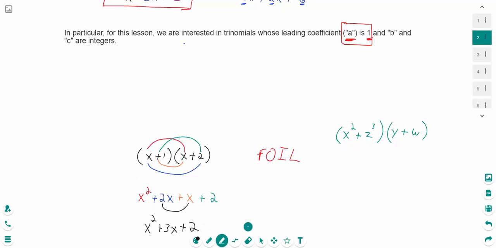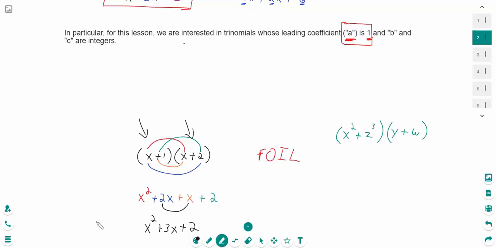Okay? So that is just review. And again, you should be able to do that in your sleep. The whole point and purpose of today's lesson is to work this backwards, to reverse engineer it. So instead of having two, and these are binomials right here, right? They're two binomials being multiplied by each other.